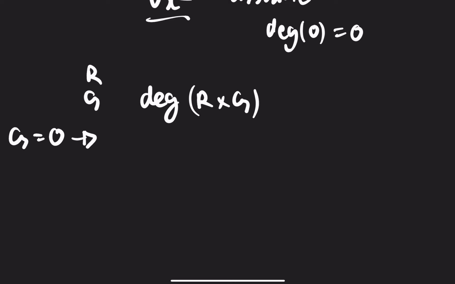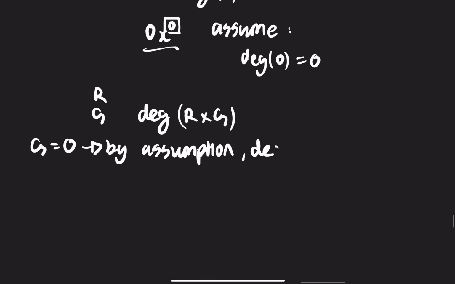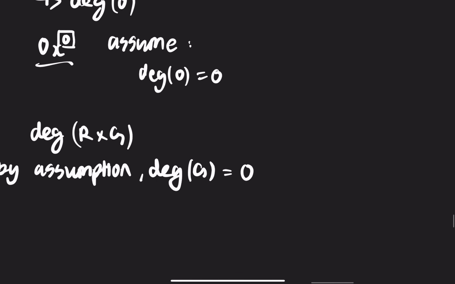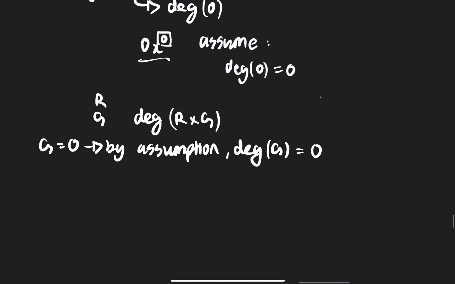And by assumption, the degree of g equals 0, right? Because we've assumed that the degree of 0 is 0 and g is 0, therefore we can substitute 0 into here to say that the degree of 0 is 0. You understand? So that's what we've assumed.